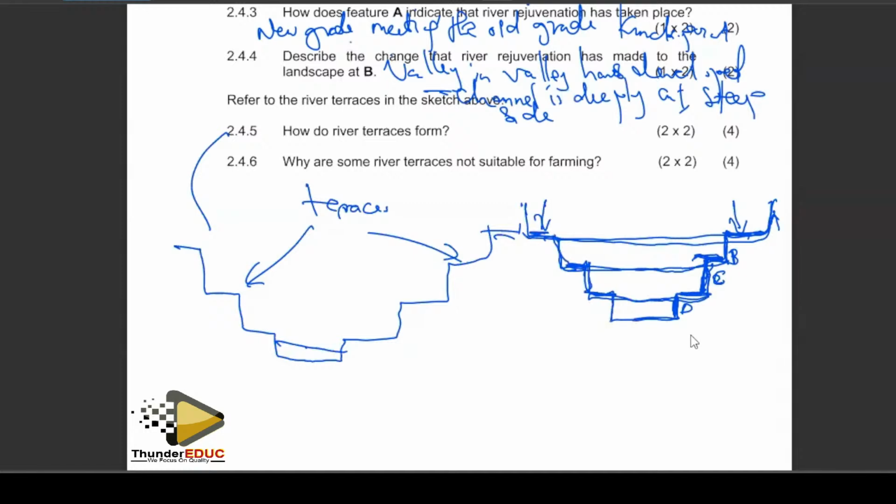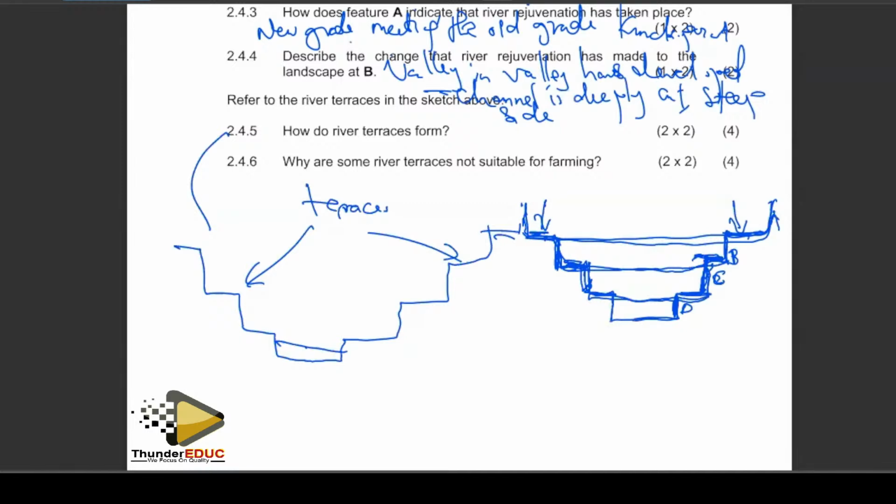At the end, the river will have stepped sides, which we call the terraces. Because of cycles of rejuvenation, the river will be developing a new valley within an old valley, leading to the formation of the terraces. So basically, that's the concept. I'm trying to give you a concept, and you figure out how you can express it.